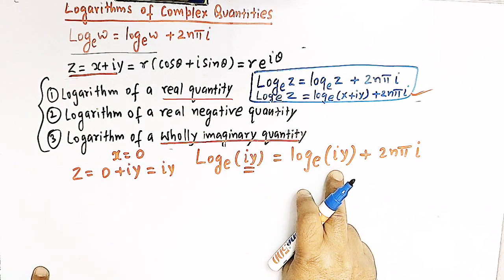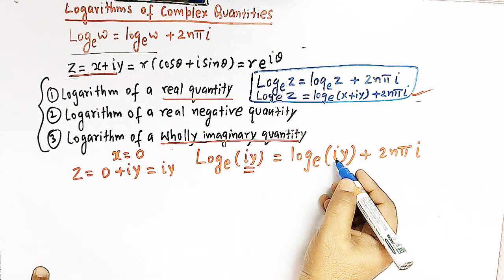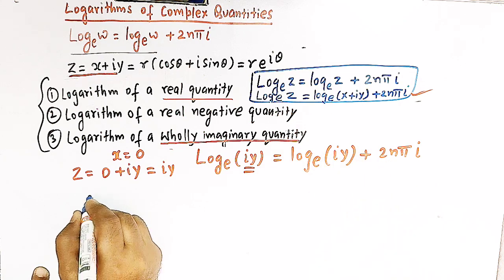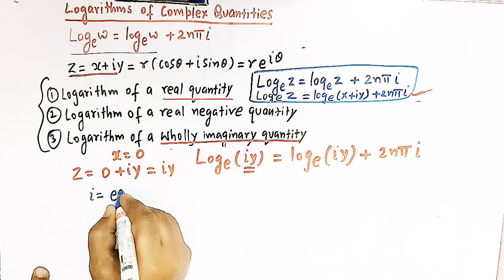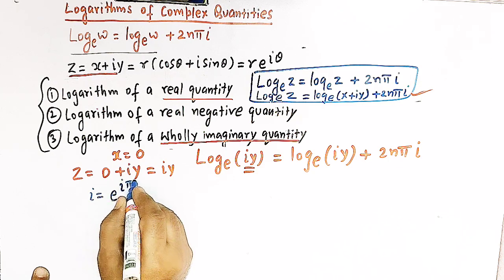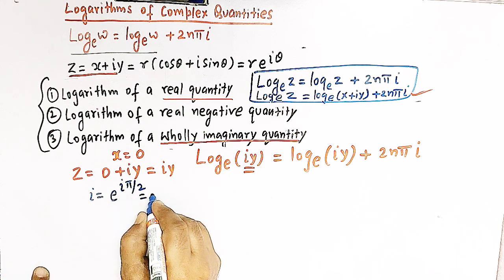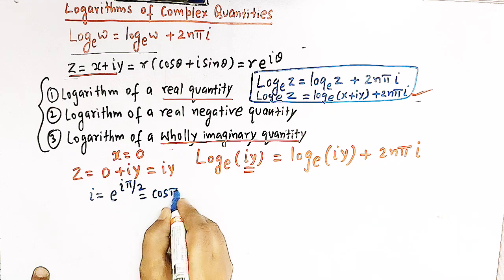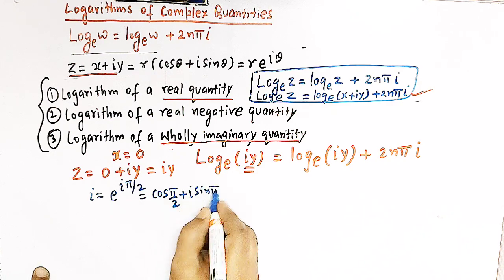So now let us simplify this expression. From the polar form, we can write I is equal to e raised to I times pi by 2, right? Because from Euler's formula, we can write e raised to I pi by 2 as cos pi by 2 plus I times sine pi by 2.